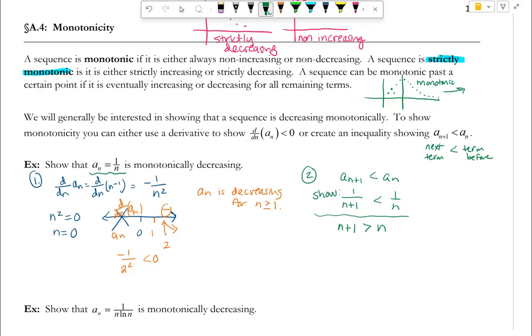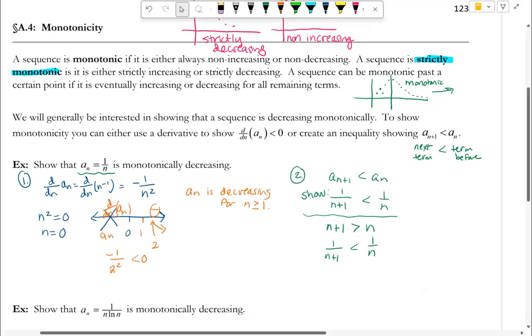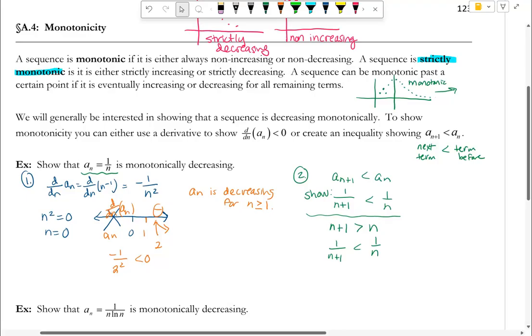So the next thing that we could show is that the reciprocal, 1 over n plus 1, has to be less than 1 over n. Anytime I'm working with an inequality, if I find the reciprocal of both sides, that's another instance where I have to flip my inequality symbol so that my inequality remains true.